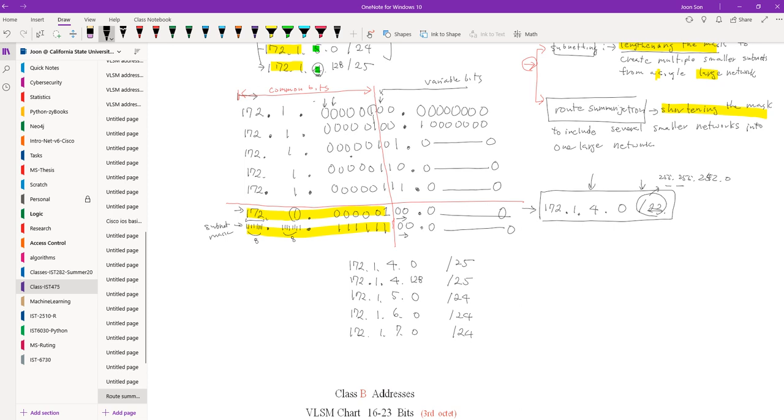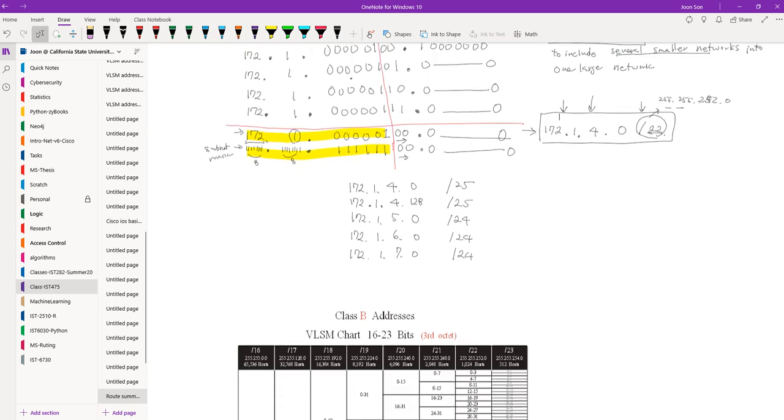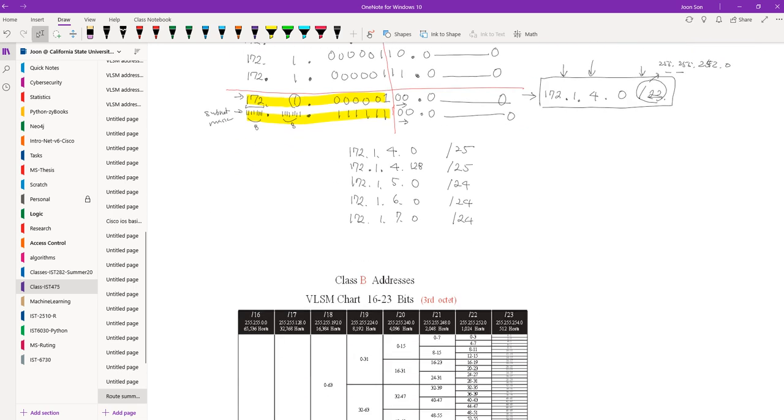So I'm going to include all these smaller networks into the large network. I want you to look at the Class B VLSM chart that you learned in my previous lecture.